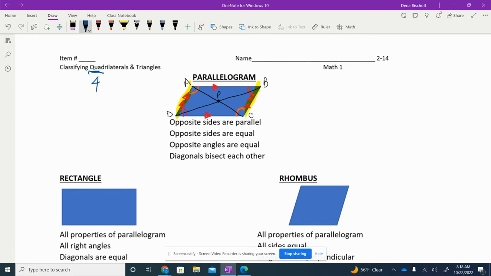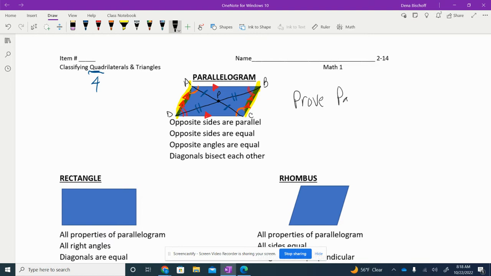Bisect means it cuts it in half, or that's the midpoint. So that means that segment AP is congruent to segment PC, and segment DP is congruent to segment BP.